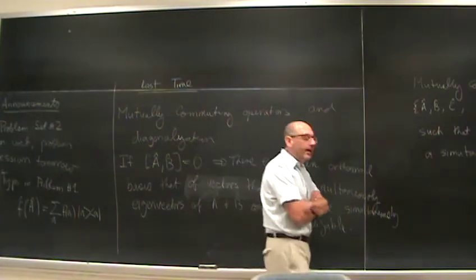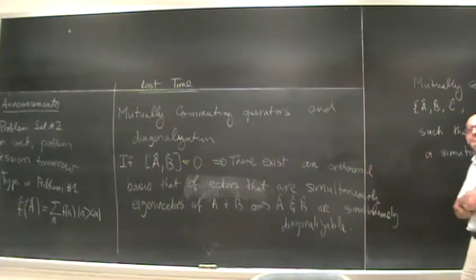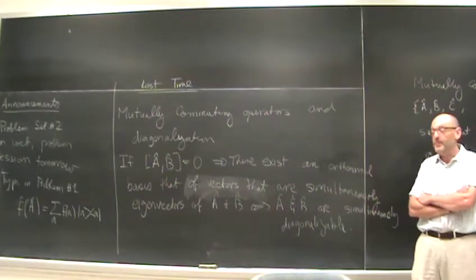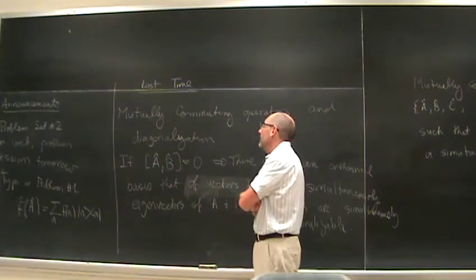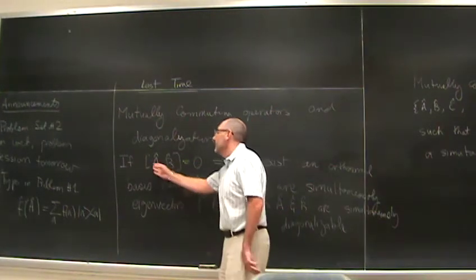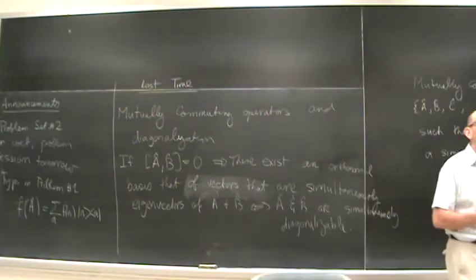That is to say, those two operators are simultaneously diagonalizable. That is to say there is a common basis such that a representation of these two operators in that basis will be diagonal.